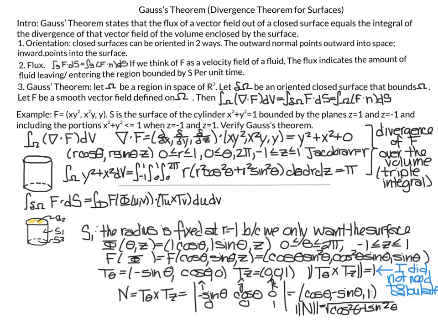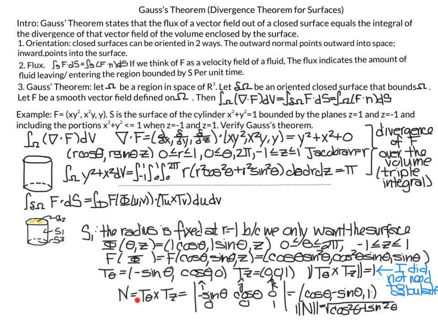Next, I can calculate my normal vector. So I take my tangent vector with respect to theta and my tangent vector with respect to z, because these are my two variables in my parameterization function. So the derivative with respect to theta is negative sine theta, cosine theta, and 0. Derivative with respect to z, well, this is 0, and this is 0, and this is 1.